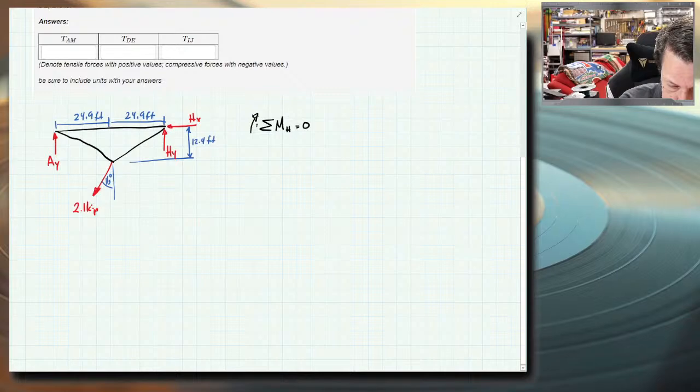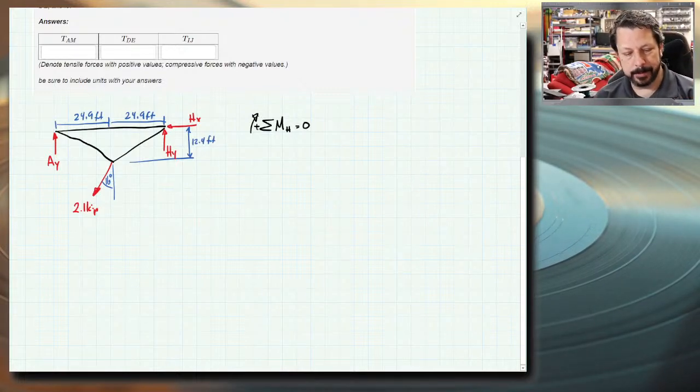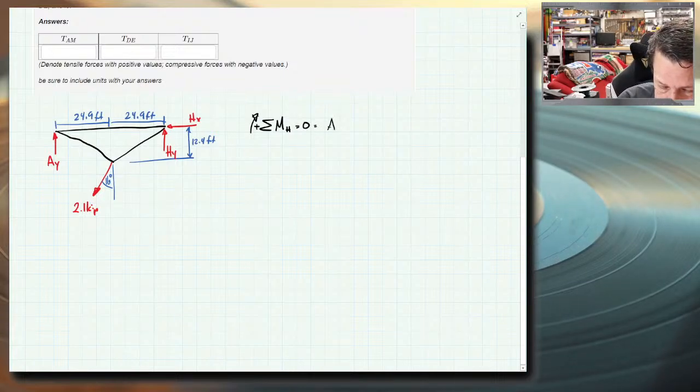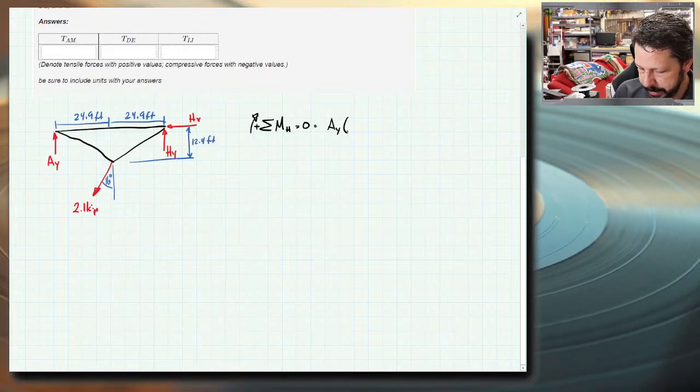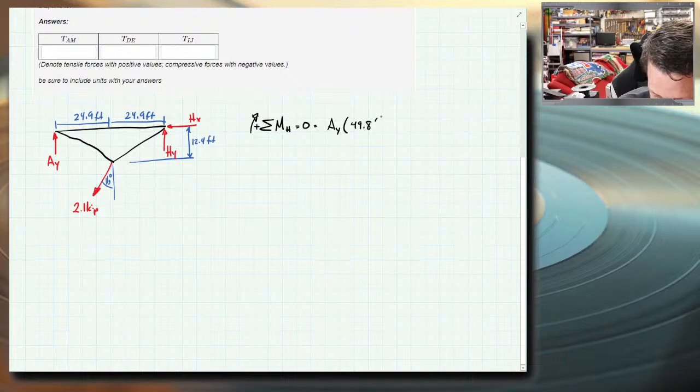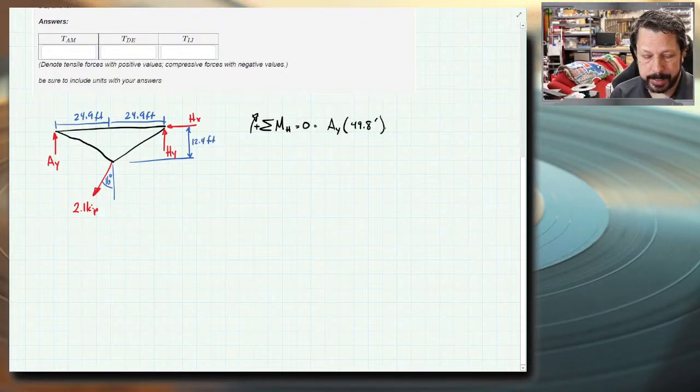I'll just make clockwise positive. That just works better in my mind, but you can do whatever you want. So I have AY times its moment arm of, there's two 24.9s, 49.8 feet. And it's going around clockwise.